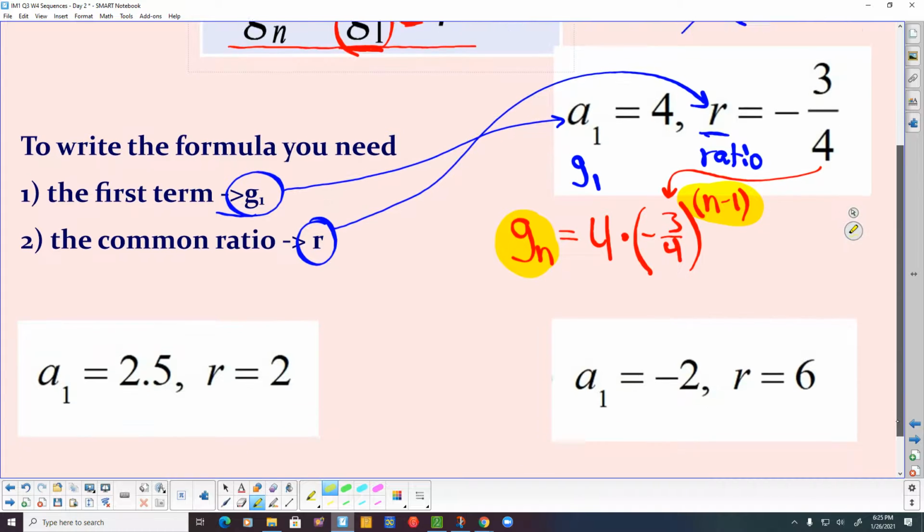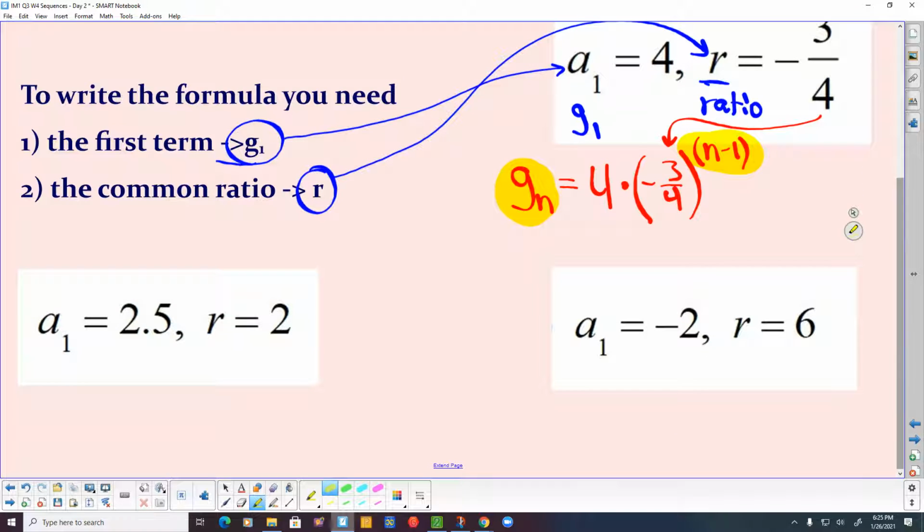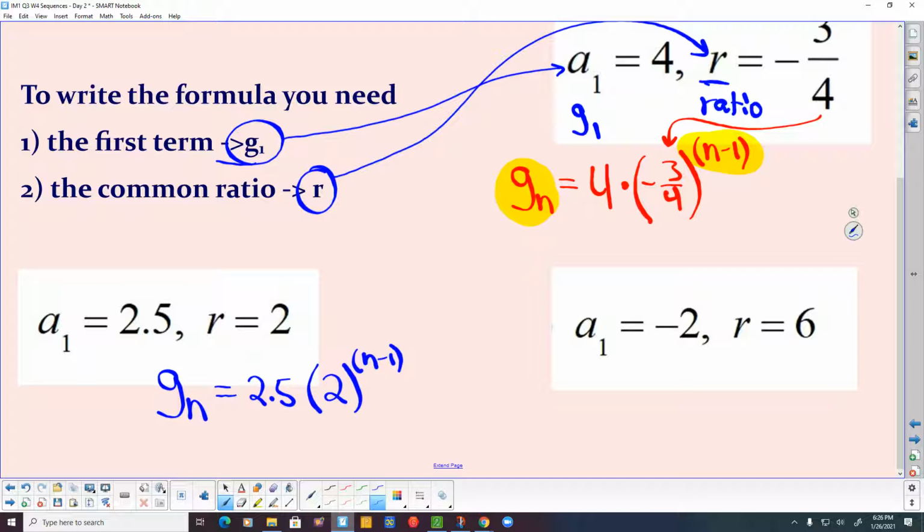So let's try it again. I want you to try it again. We'll go right here. Gn equals A1, 2.5. My R is 2, to the power of, I'll put it in parentheses, n minus 1. That's all I need.